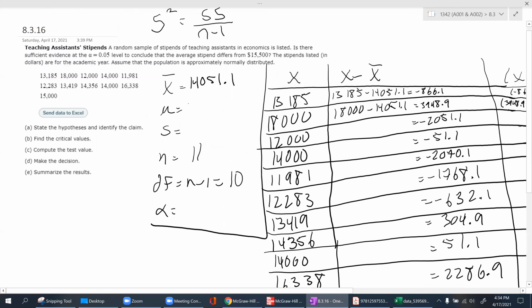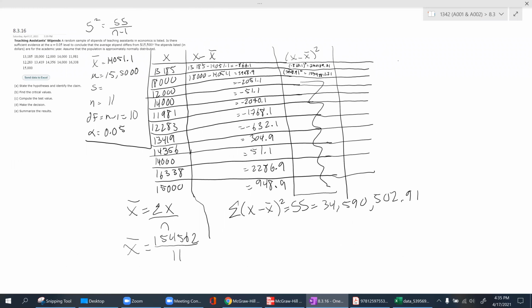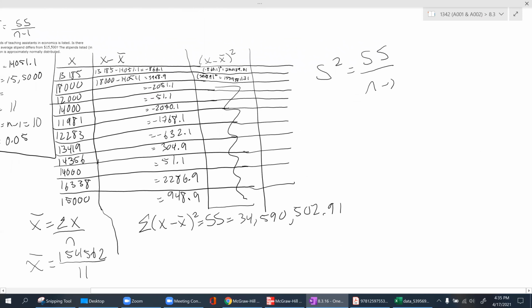Let's fill in my data here. My mu is 15,500. I do not know my standard deviation. My alpha is 0.05. Let's find my variance first. My variance is equal to the sum of squares over n minus 1. Is that over 11?